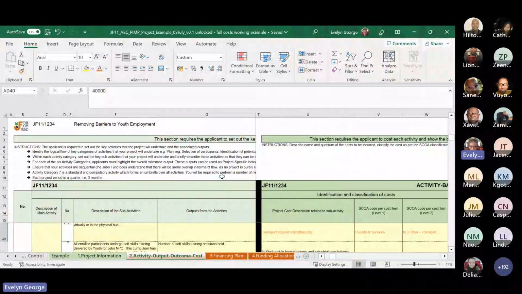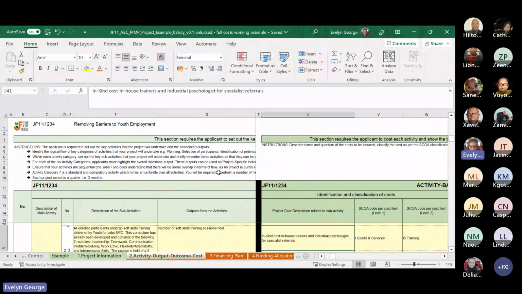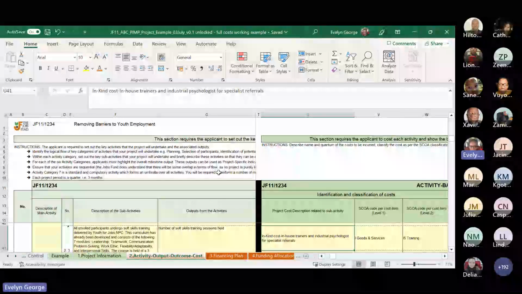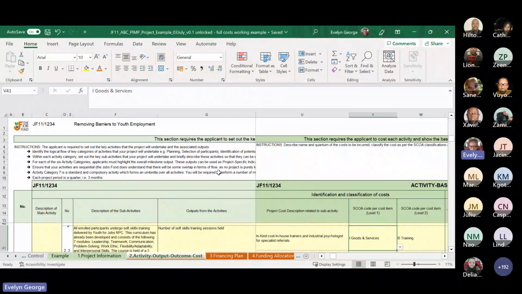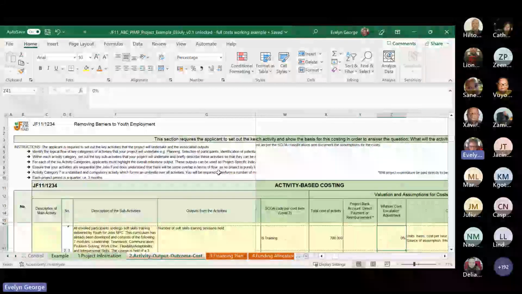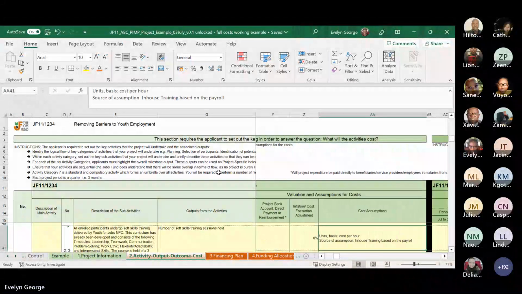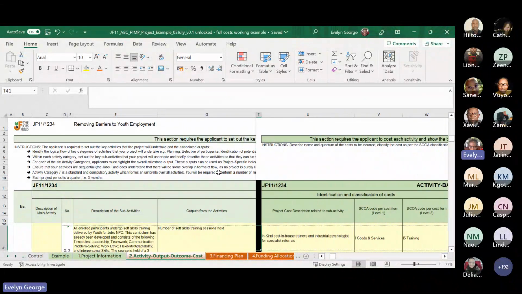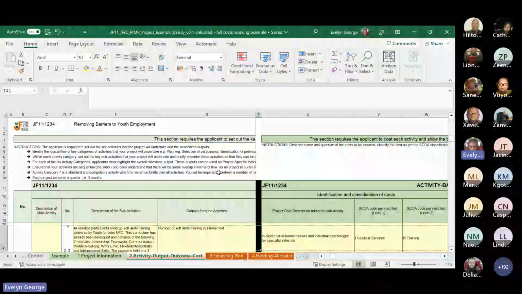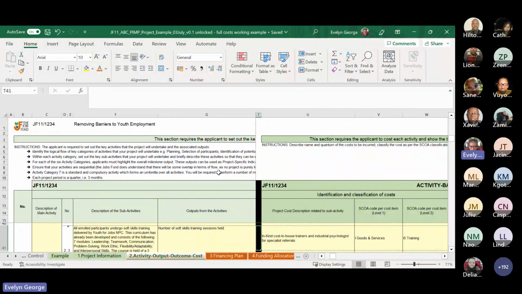There's an in-kind cost item here which relates to training, which was already populated, and this is the trainers and the industrial psychologist, and those are classified as training, and there are costs associated. There was a question around reflecting the in-kind that Nazim responded to.